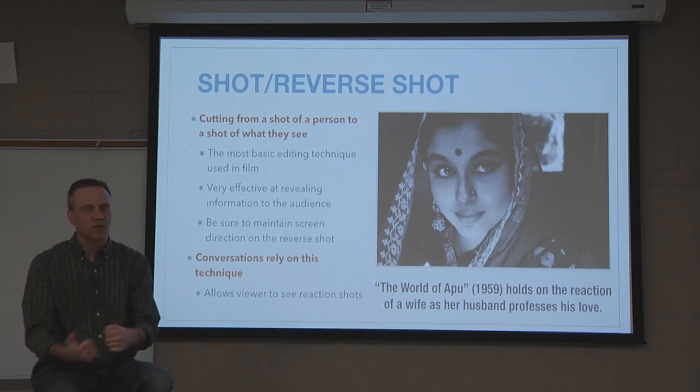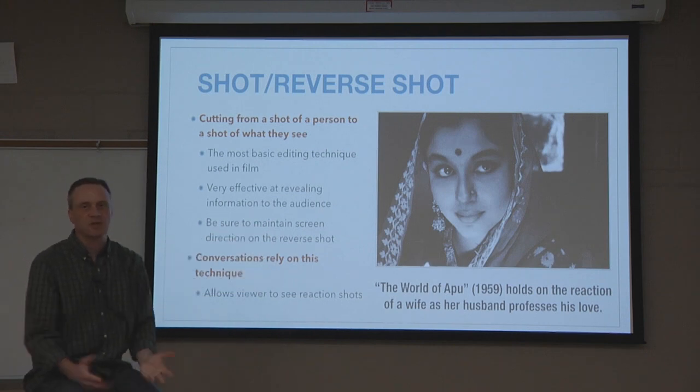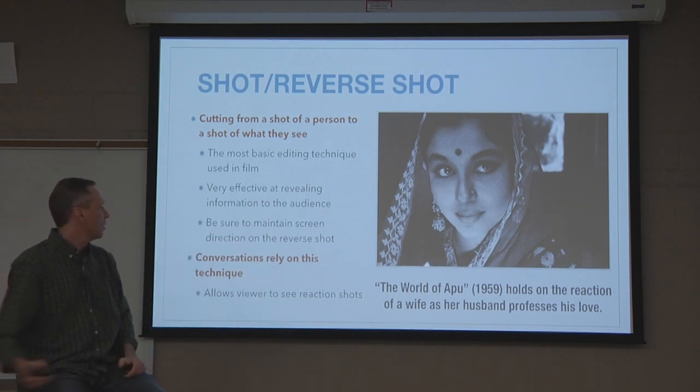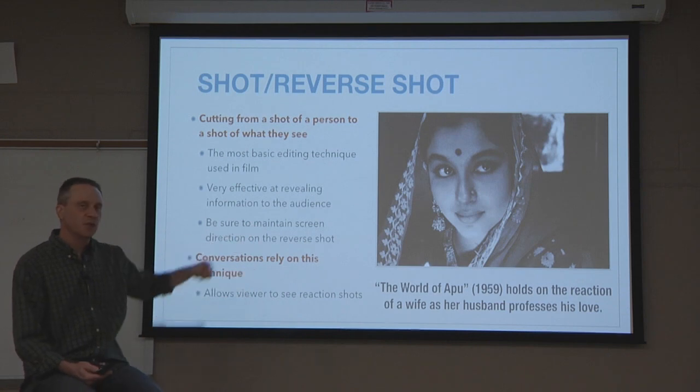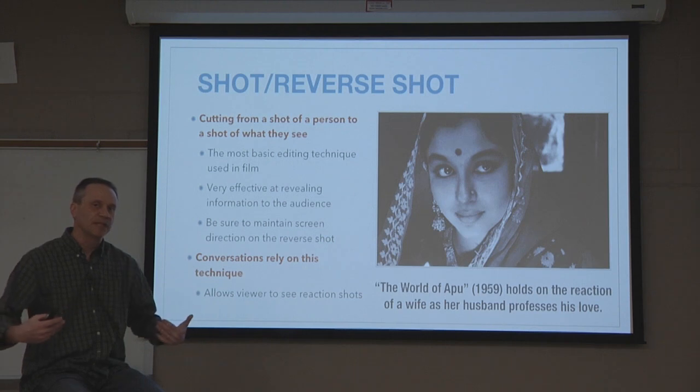So use shot, reverse shot to get more of this kind of image as opposed to just always staying on the person who's talking. And also be sure whenever you're doing shot, reverse shot, that we're still maintaining all that screen direction, 180-degree rule stuff that we have talked about too. We've got to make sure that we're keeping people on that same side of the line.